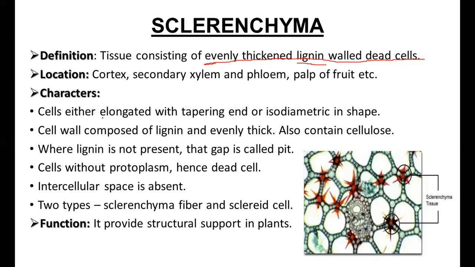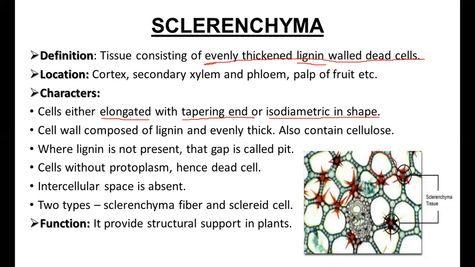From there we can make the character. The cells are either elongated with tapering ends or isodiametric in shape. Elongated with tapering ends means there can be two types of cells. Either the cell should be round shaped, that we have seen in the diagram, or it can be elongated with tapering ends.